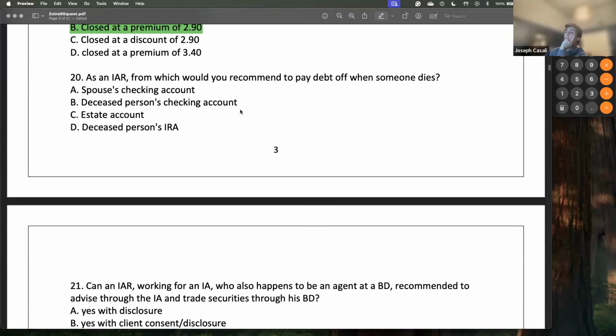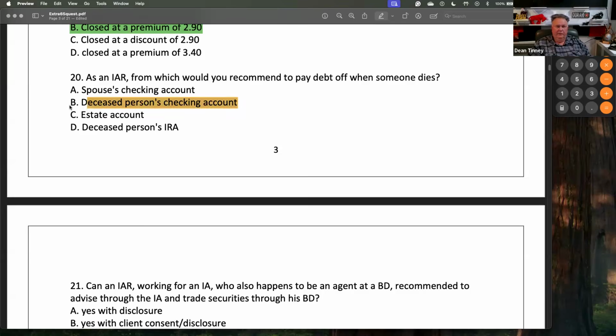I want to say the deceased person's checking account. Oh God, you write a check on a dead person's account, go to jail. It's going to be the estate that takes care of estate expenses. They're going to handle all of that.